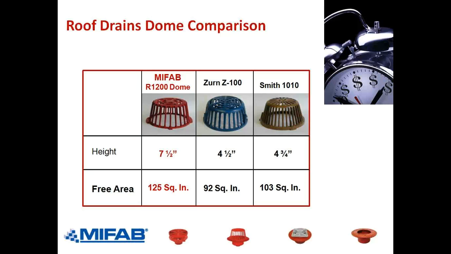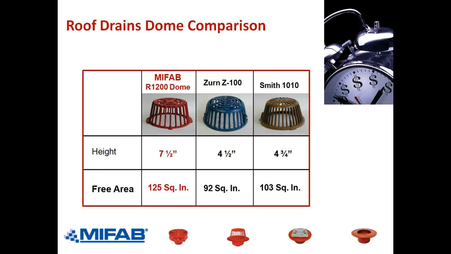And Joe, Sam, and Wade would be comparable to the Zurn Smith height dimensions, and you can see our free area is 25 to 30% more. So I always highlight this to an engineer, and I always get a really good reaction, because they appreciate having that extra free area in the event that something is blown around and blocking the slots in that dome.